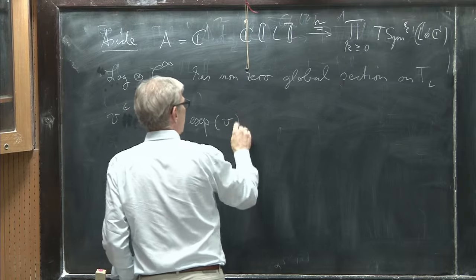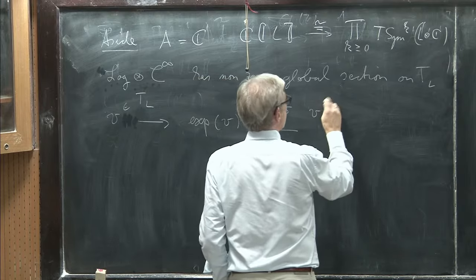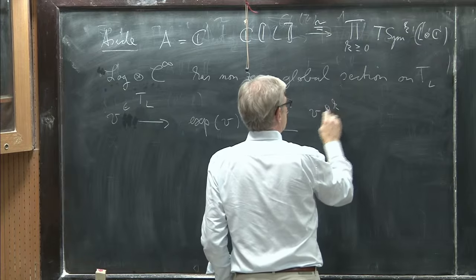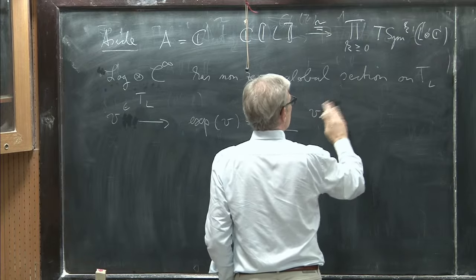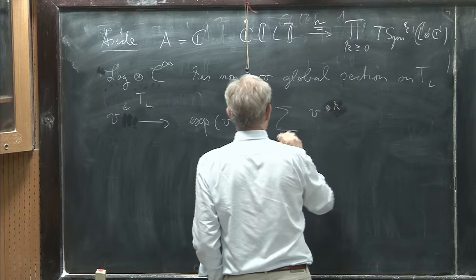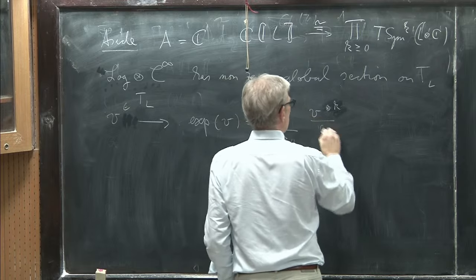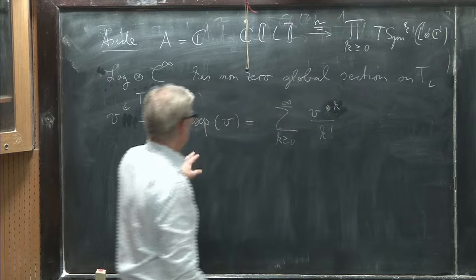So really now the exponential series, V considered as an element there, the sum over k from 1 to infinity of V tensor k divided by k factorial.